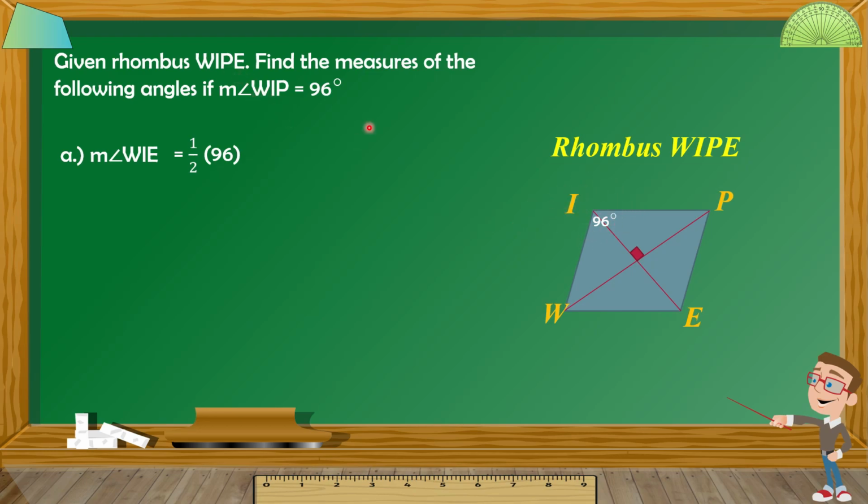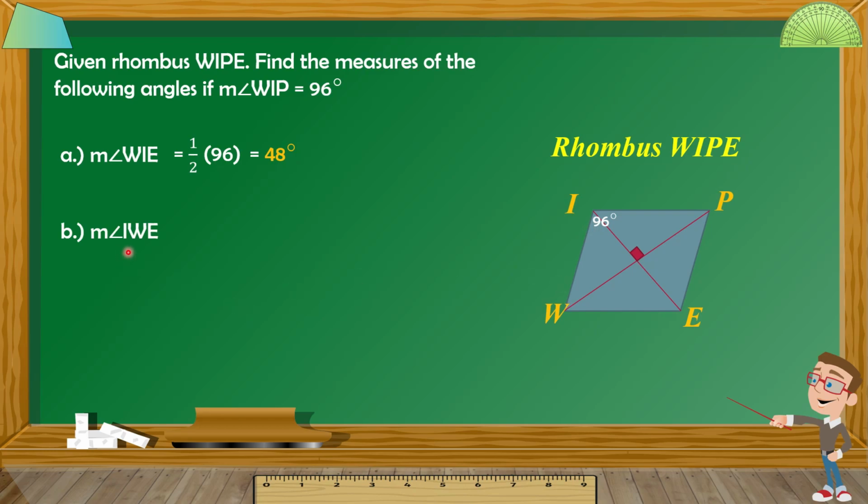Sabi dyan is WIP, so angle I yun. Tapos, papahanap si WIE. Ibig sabihin, yung kalahati lang ng 96 degrees ang kukunin natin. So, 1/2 of 96, that is 48. Therefore, yung measure angle WIE is equal to 48 degrees. Itong kalahati dito ay 48 degrees siya.